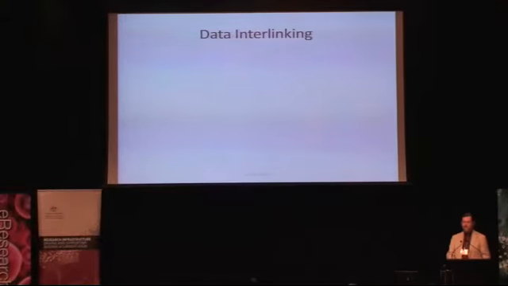Another issue we have is data interlinking. So once we have this data extracted, it's very heterogeneous. Unlike a lot of big data sets, where we know all the images coming off the satellite have pretty much the same format, we know what's in them, we are looking for slight variations in the data set. In small science, it's different. We have a lot of very disparate data sets. And what we want to look for is is there overlap?